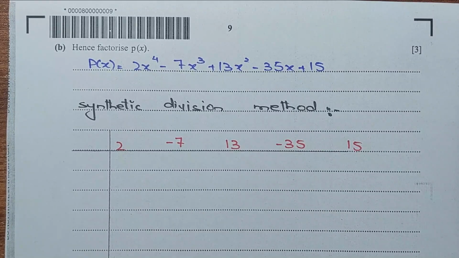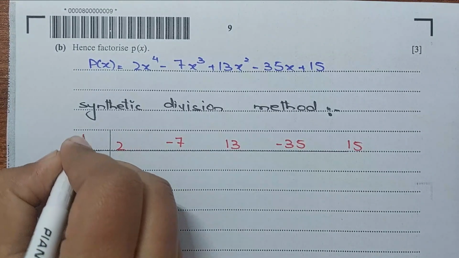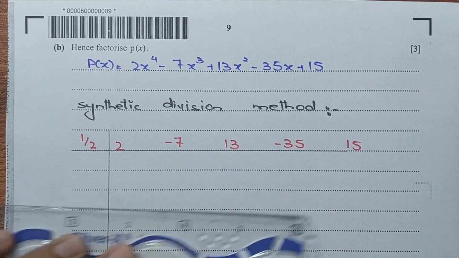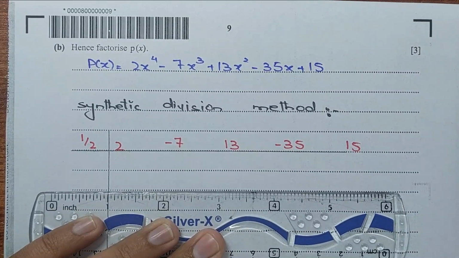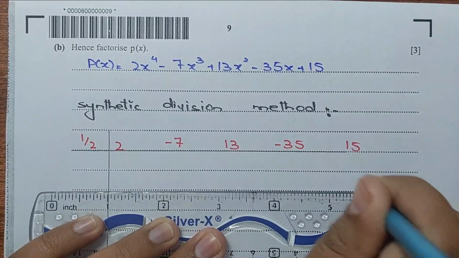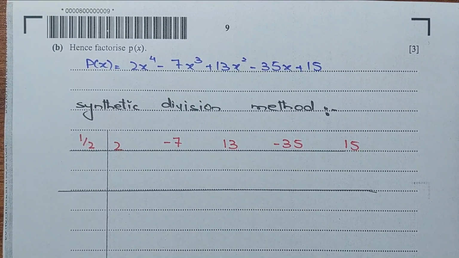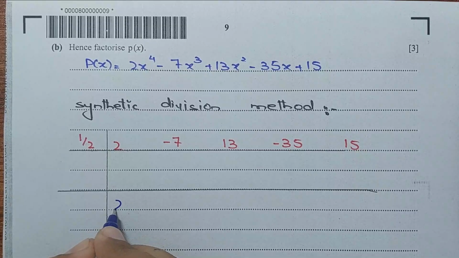Okay, and then we are given that 1 by 2 is a factor, so use 1 by 2. So in this method, we need to reduce the power to cubic.